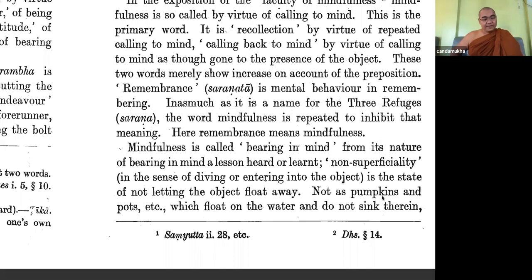The state of sati is what? Not floating on the object. So it is not because of not floating on the object. Without to, we have to take only the state, not a reason.